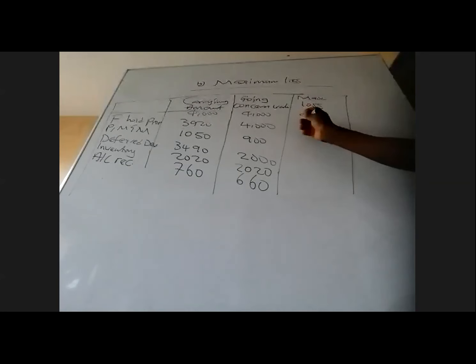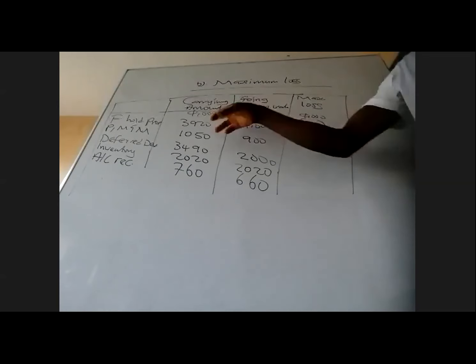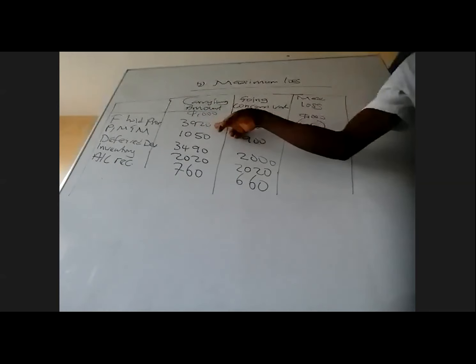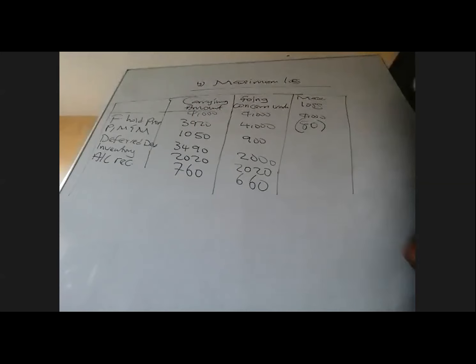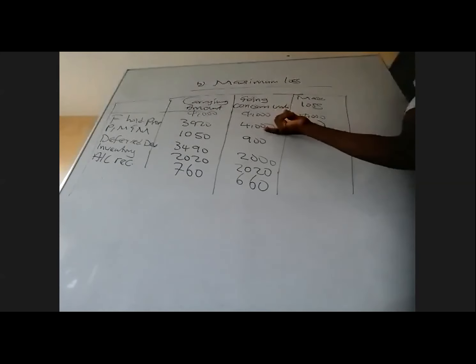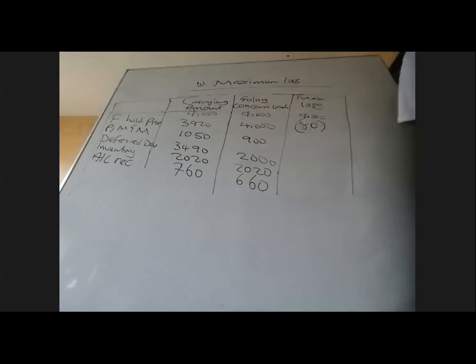So if it is negative, it means that it's a gain. Put it in brackets. This is the interpretation. The book value of the assets is 3,920, but the going concern value is 4,000, meaning that you are going to gain.